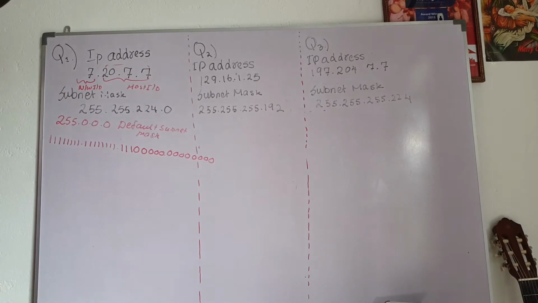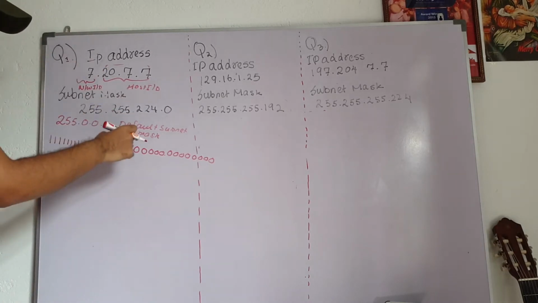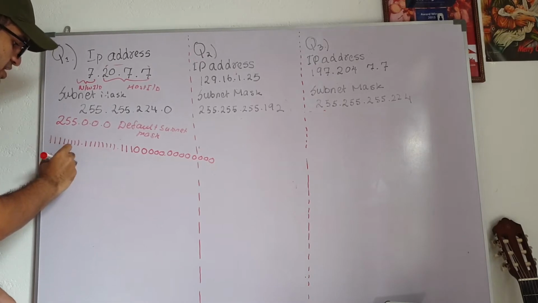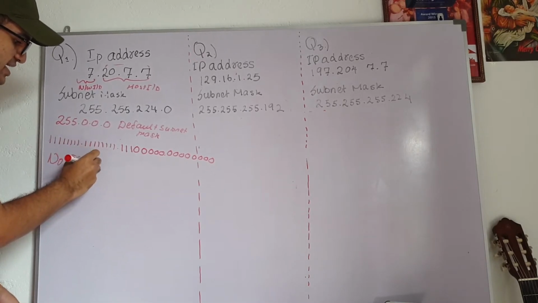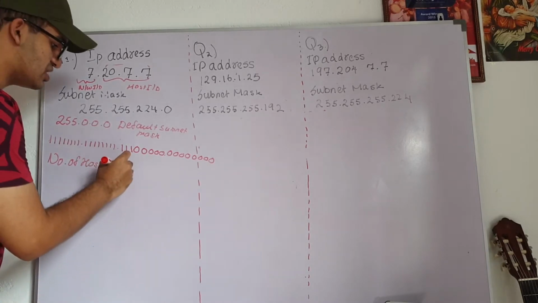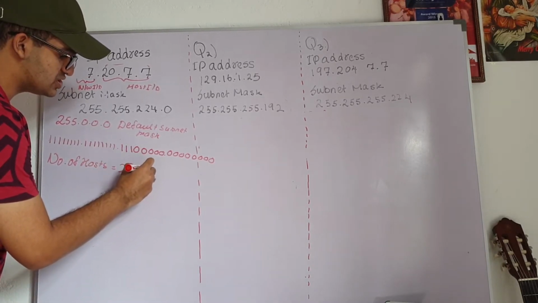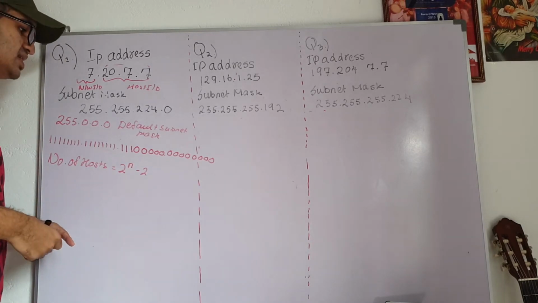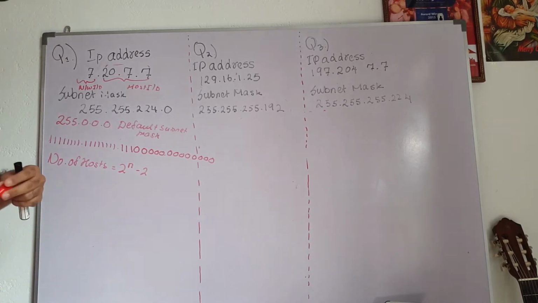Now we are going to find the number of hosts. The number of hosts goes like 2 to the power n minus 2. This is the general equation used to find the number of hosts in a network.